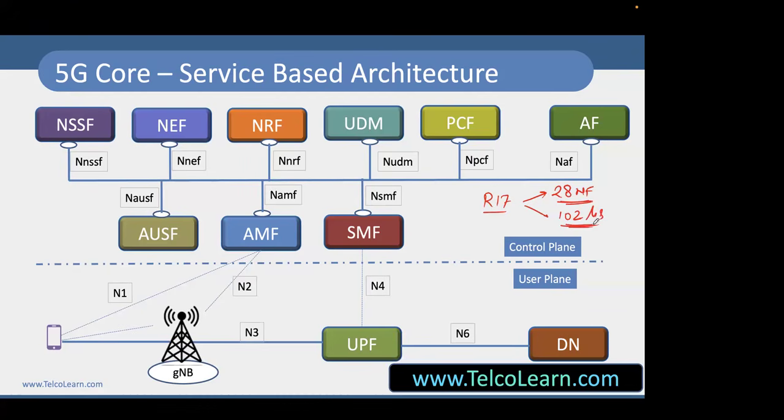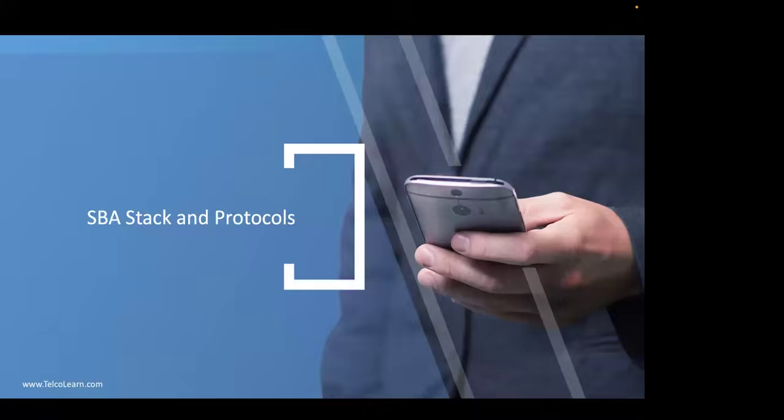So this is how vast your 5G core network control plane is in release 17. All these details, the functionality of all these network functions and the communication between them, are what we typically discuss in our program, where we have a specific session on each and every network function you see on the screen, and also beyond that.